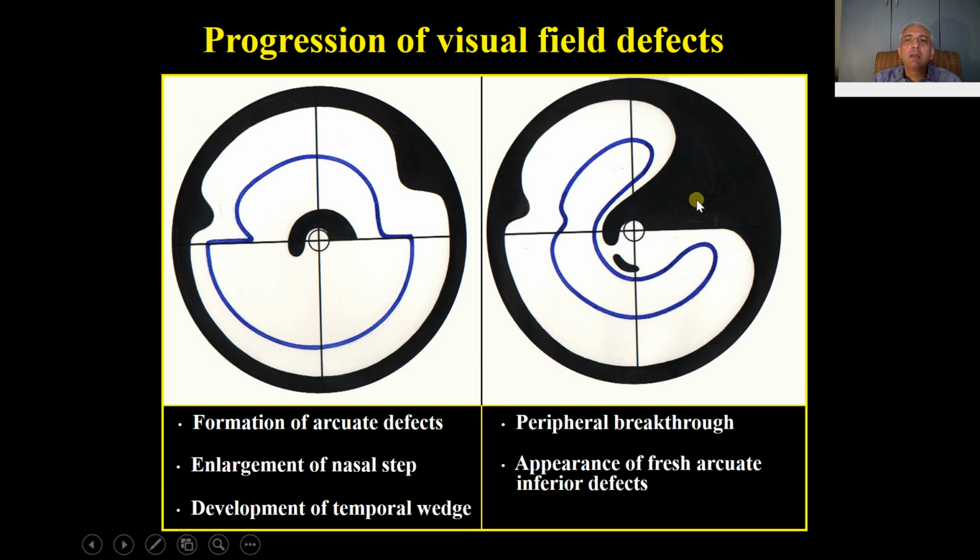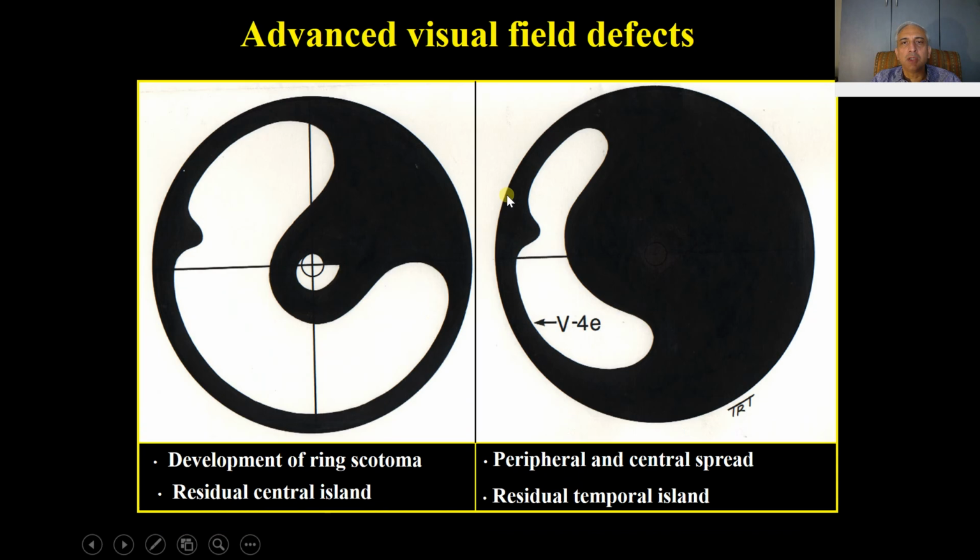And with enlarging or advancing disease, this nasal step tends to creep inwards and it joins with the area of the nasal step, and that produces this peripheral breakthrough, and the appearance of a fresh arcuate scotoma can happen inferiorly in this patient. So here you've got a patient with a left superior arcuate scotoma producing a nasal breakthrough along with a temporal wedge.